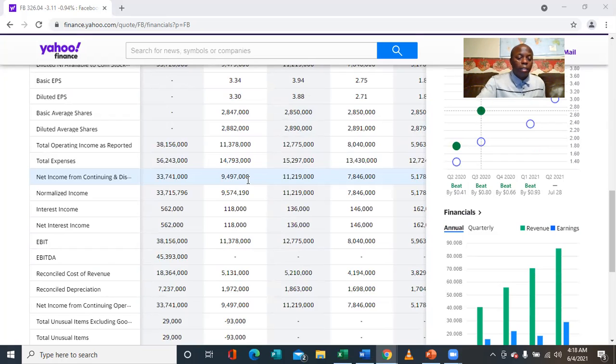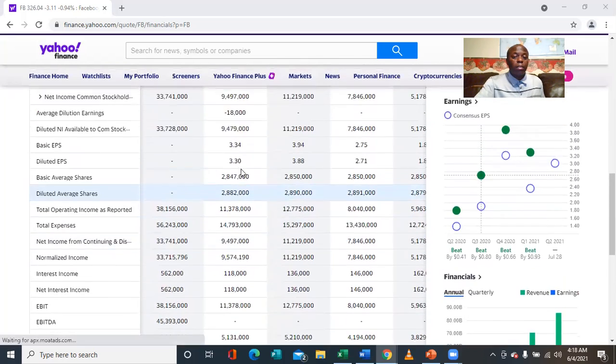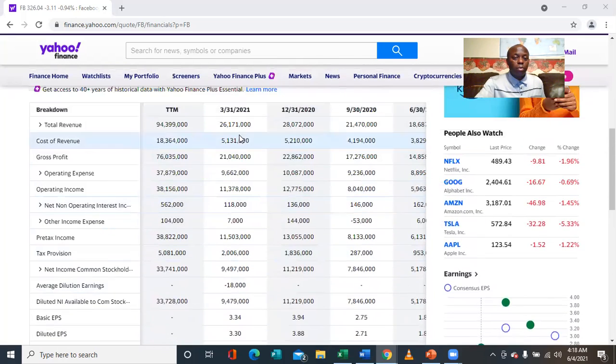Okay, and then the net sales, the sales revenue for 2021. I can see the total revenue. Those revenues come from sales, so it's a good proxy for net sales, which is 26,171,000. Okay.